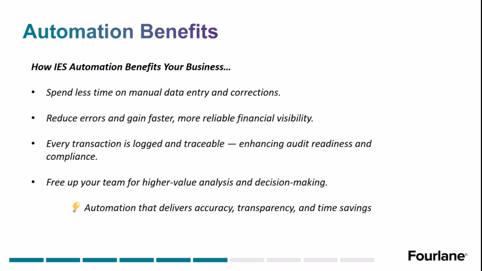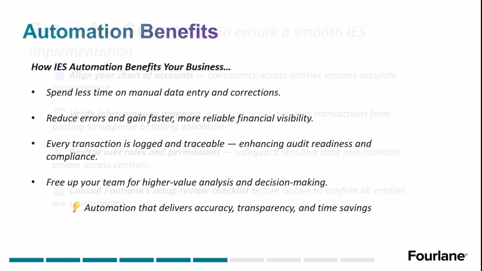Every transaction in IES is fully logged and traceable, which is a huge advantage for audit readiness and compliance. You'll always know who entered what, when, and where. No guessing, no manual tracking. And for Fourlane consulting teams who support you, that same automation means less time spent on data cleanup and more time providing the advisory insights that move your business forward.